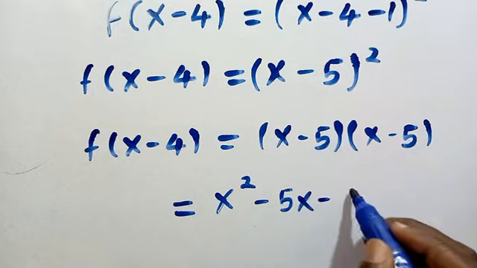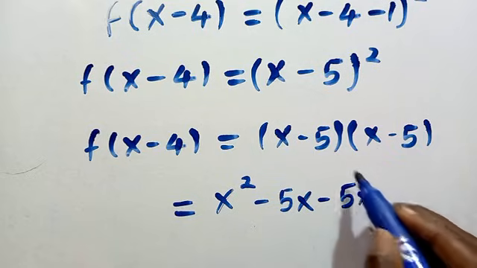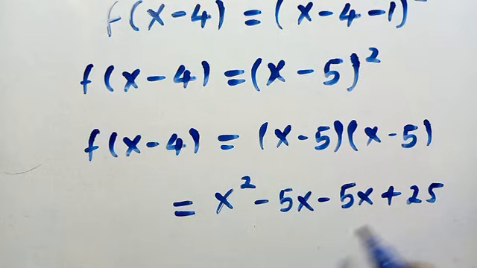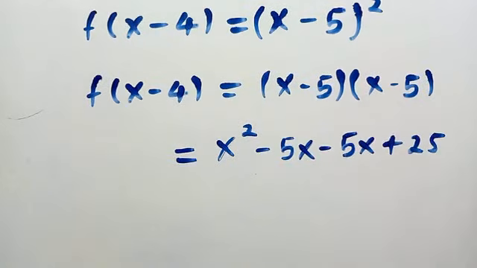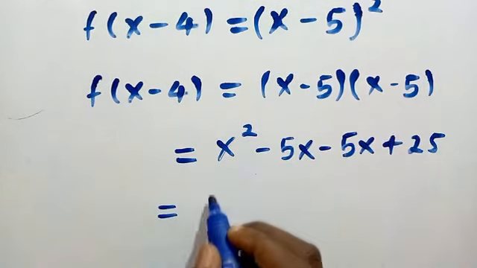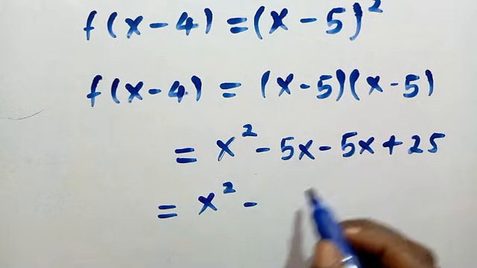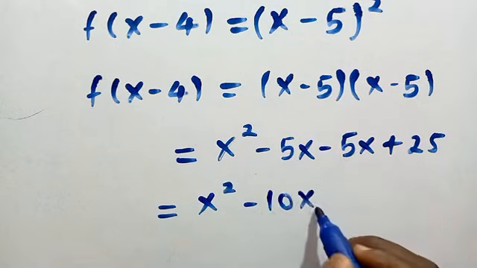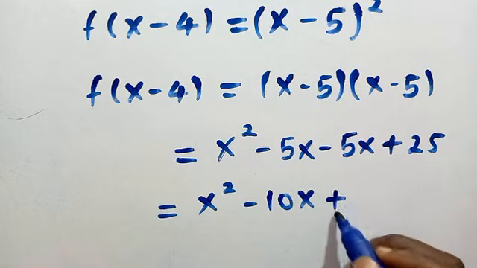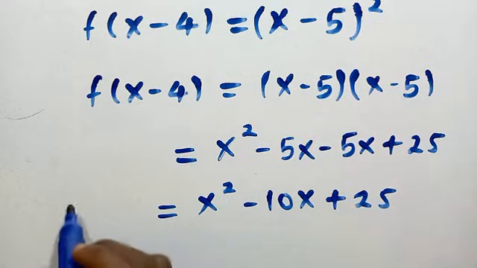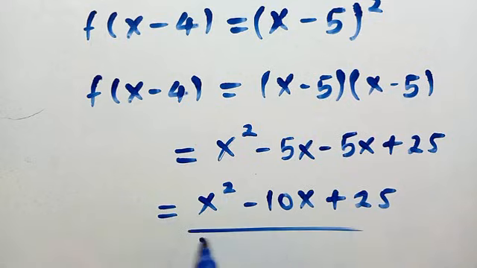Minus 5 times x is minus 5x. And minus 5 times minus 5 is plus 25. And this equals x squared minus 5x minus 5x, that gives us minus 10x, then plus 25. This is the value of f(x - 4).